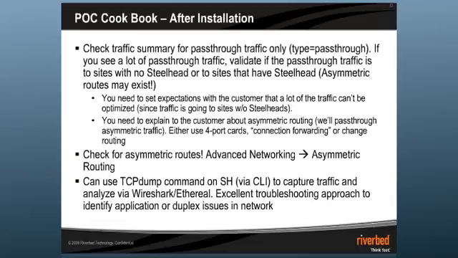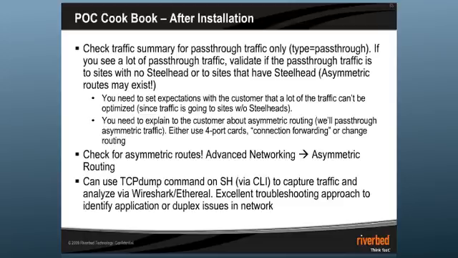After the installation in the customer's environment, there's a few things you can do to find potential problems. The first thing is to check the traffic summary for pass-through traffic and to see if it seems correct that we're passing that traffic through. A lot of times customers will put a steelhead into their data center, and then they'll put, let's say, 1 or 2 steelheads out at remote sites.